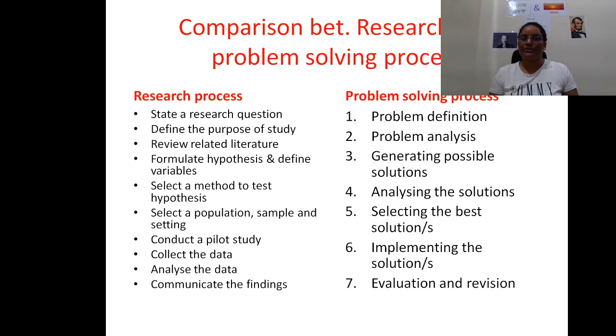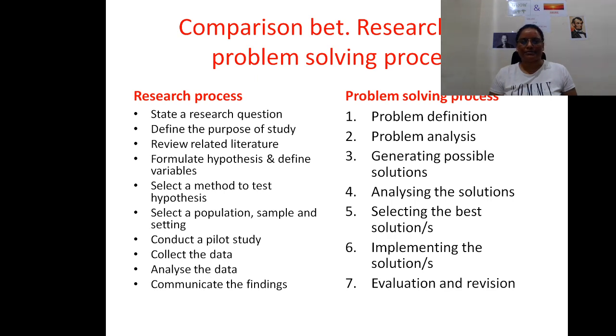And if you take the problem statement or the research question related to coronavirus and go through all these steps, it will be beneficial for the society, it will be beneficial for the nursing profession. That's why your question should relate to the latest issues present in the society, but it will be related to our profession. Okay, then review related literature.